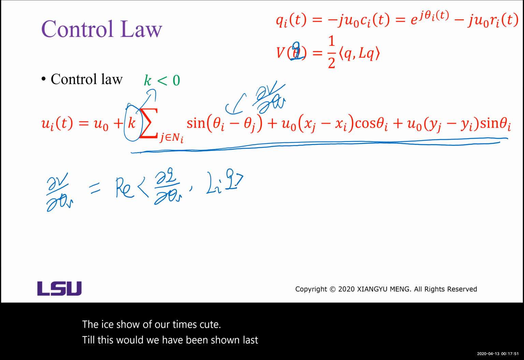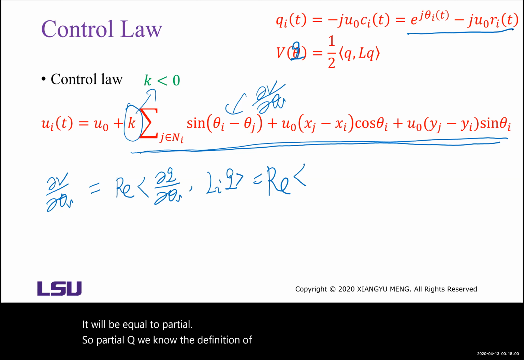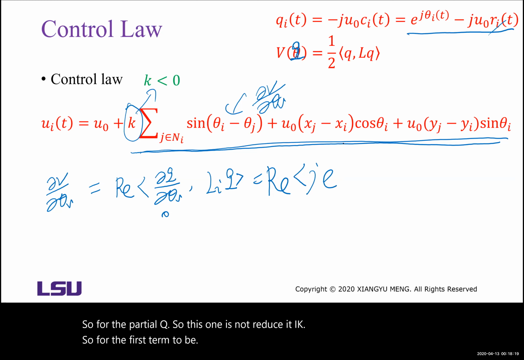Then it will be equal to partial Q. We know the definition of Q here. So it has two parts. For the partial Q, the first term is not reduced by theta I. So for the first term, it will be J exponential J theta I.